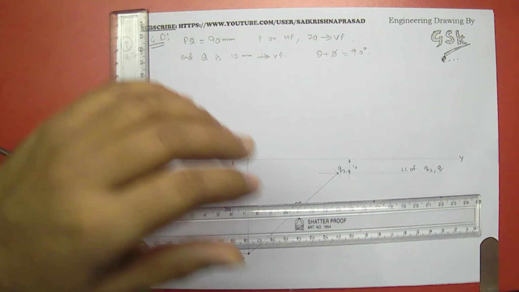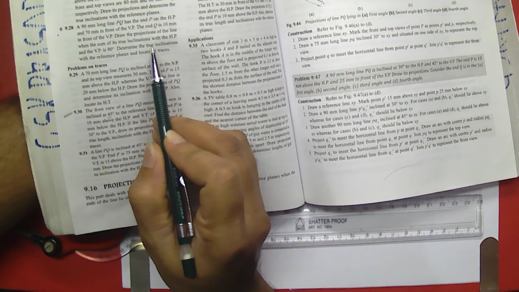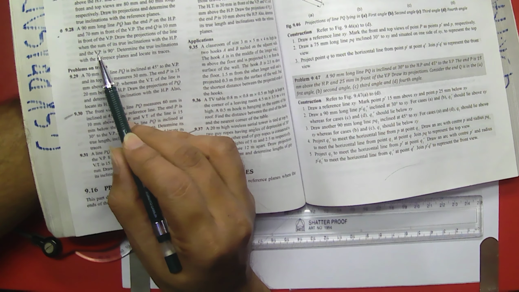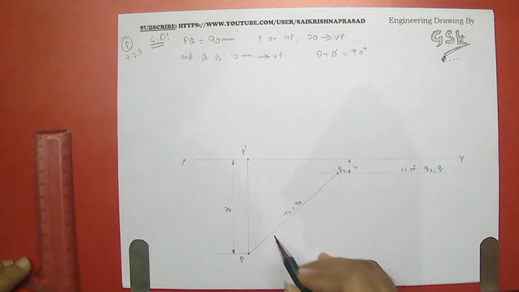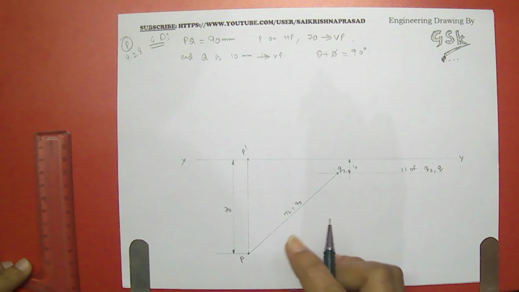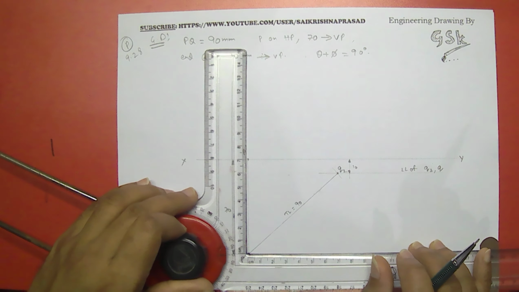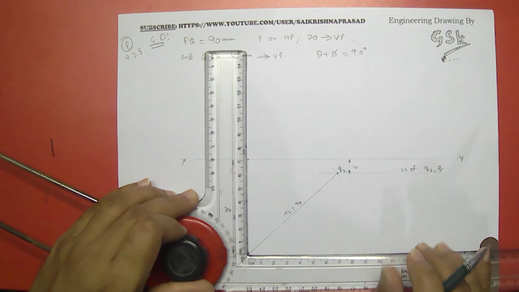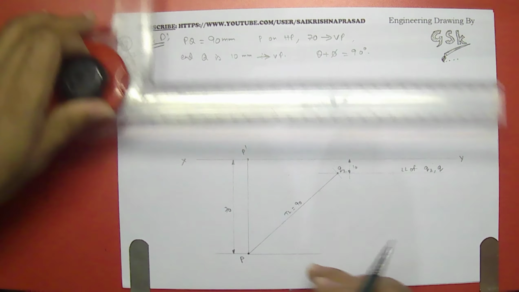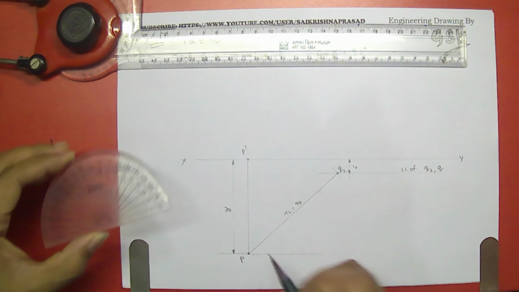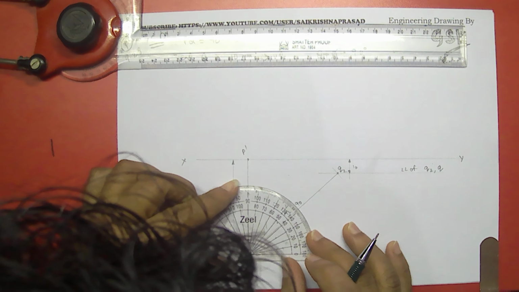Right, in the question data is given that theta plus phi is equal to 90 degrees. So here this is the top view projection, so I can calculate the phi over here. I'll be using protractor to measure phi angle.